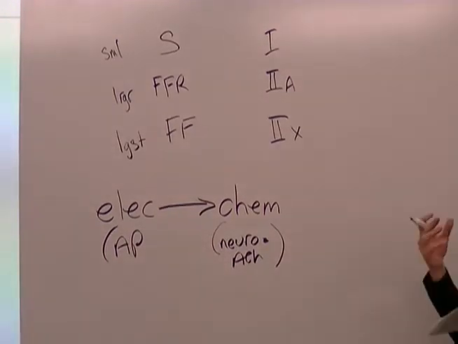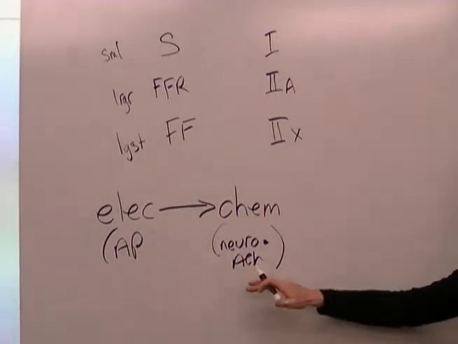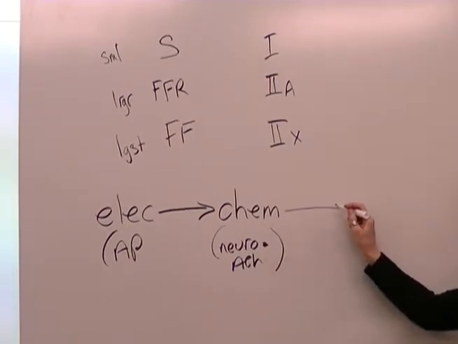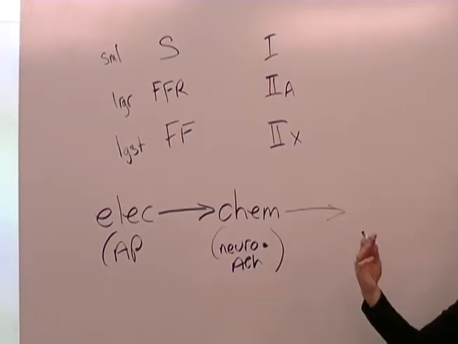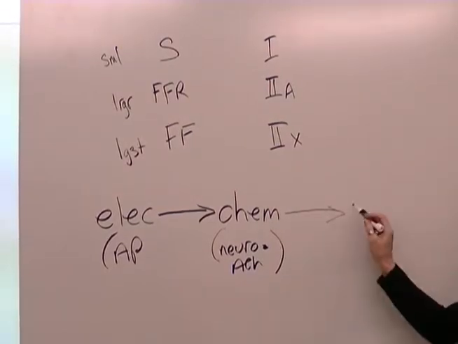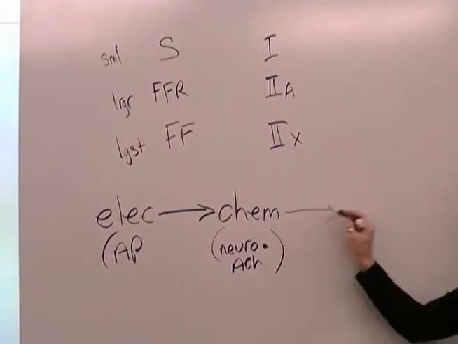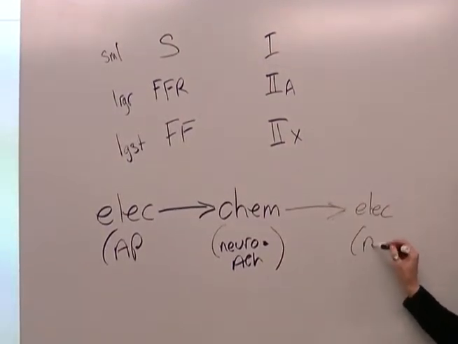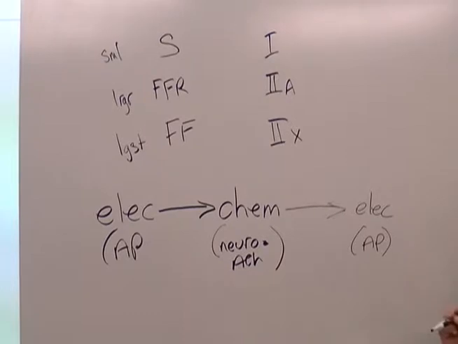And then if enough acetylcholine attaches to the surface of the muscle, we're going to stimulate opening up the ion gate, and we'll see another electrical charge across the surface of the muscle.